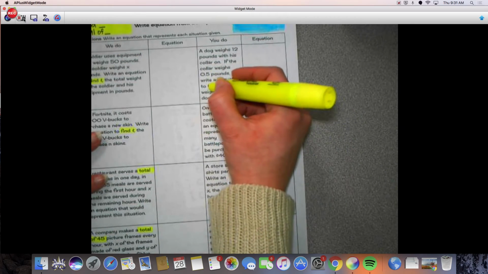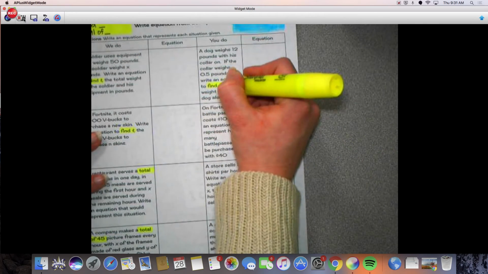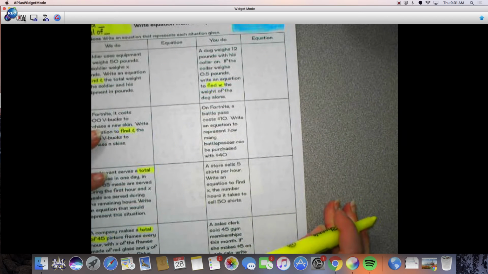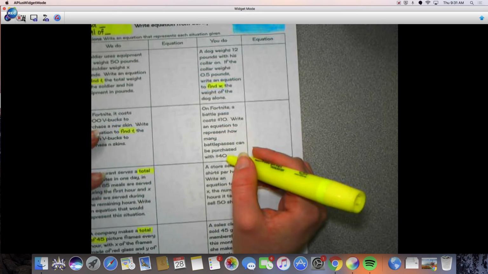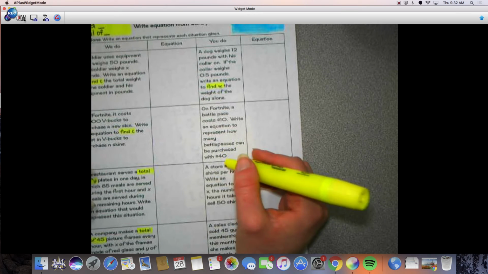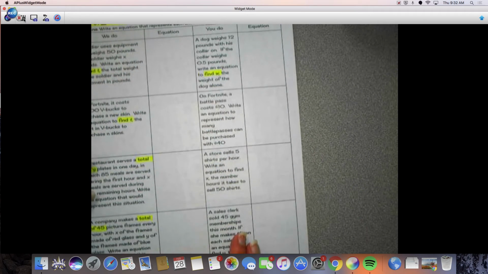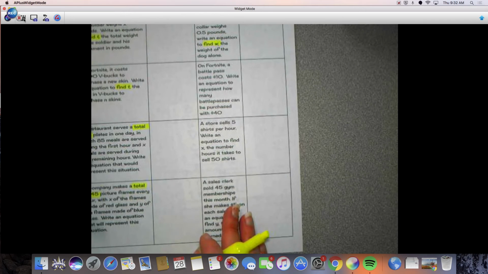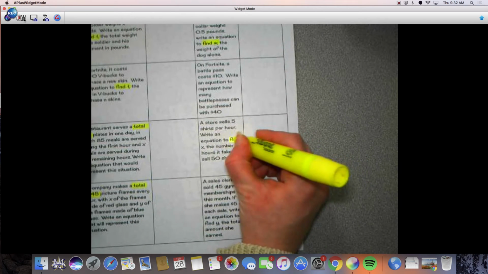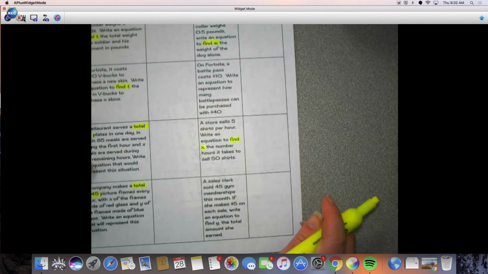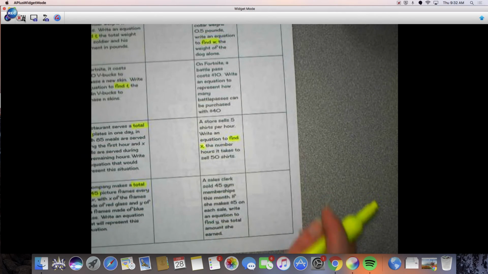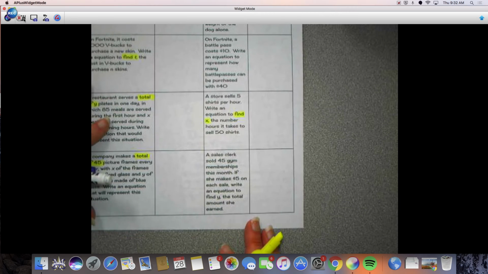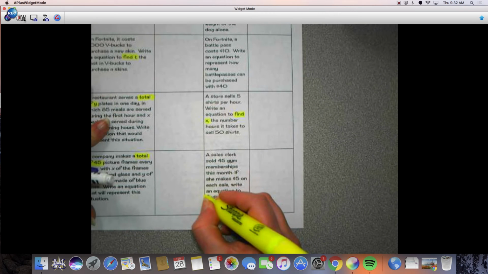Number 5, I see find W. Number 6, I don't see any, so I'm not going to highlight that box. Number 7, I see find X, so I highlighted it. And the last one, I see find Y.